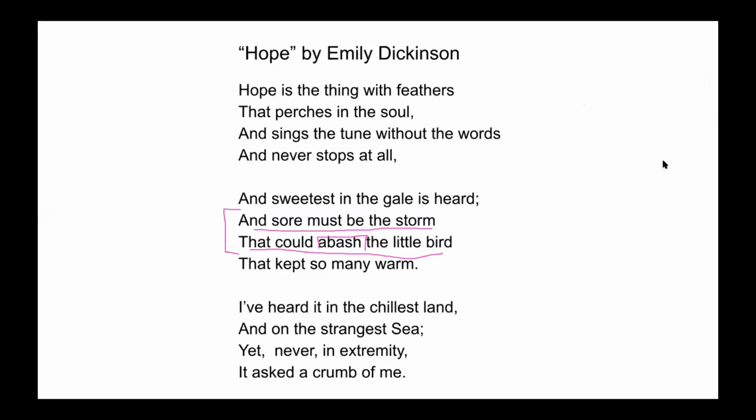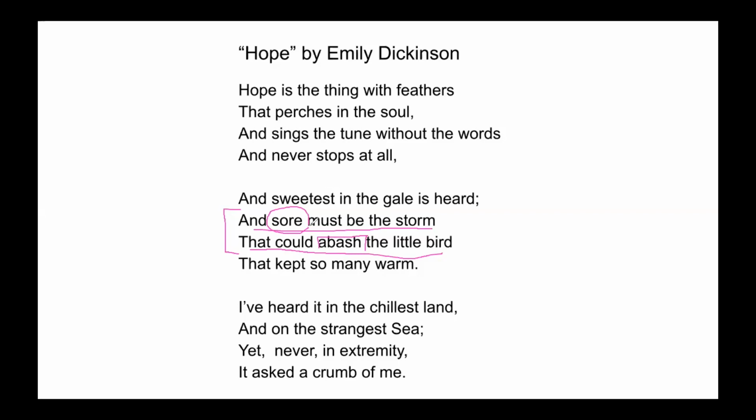And I want to point out right here, Dickinson might have just said the storm could have abashed the little bird, right? But she chose to use the word soar here, and soar must be the storm. Here soar is kind of like hard, or tough. That's what soar kind of means. And so the storm must be that tough, or that big, so it could abash the little bird. If that kind of makes sense to you guys.